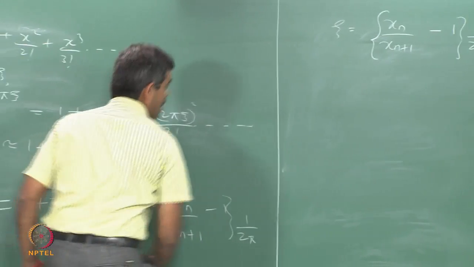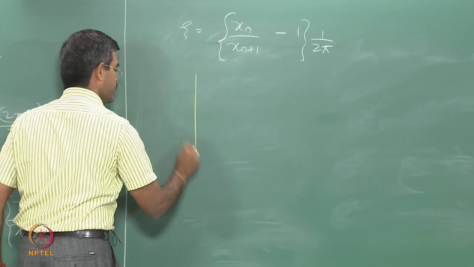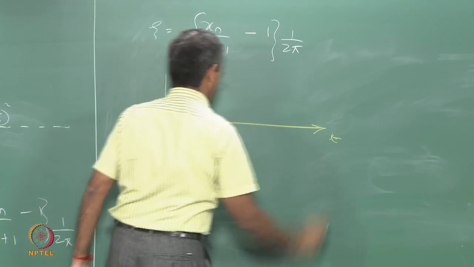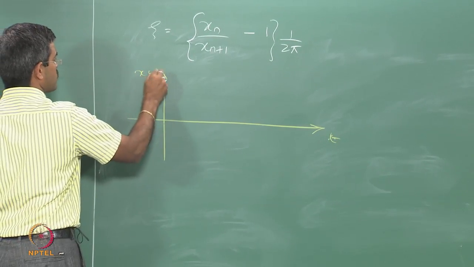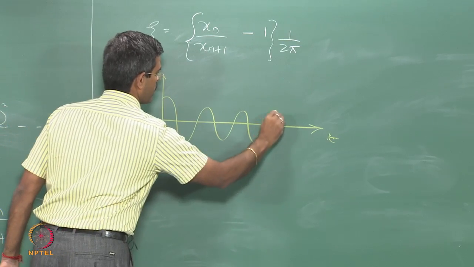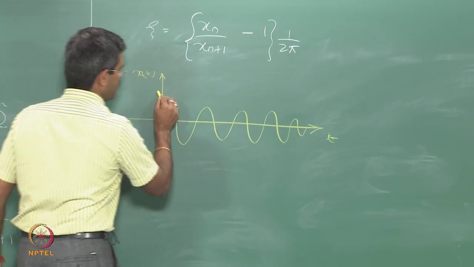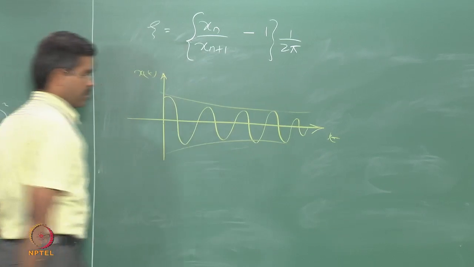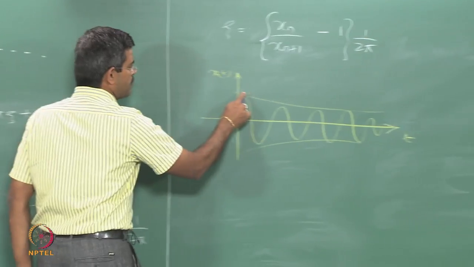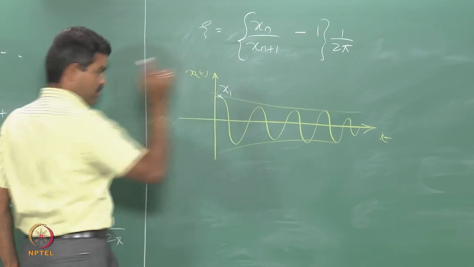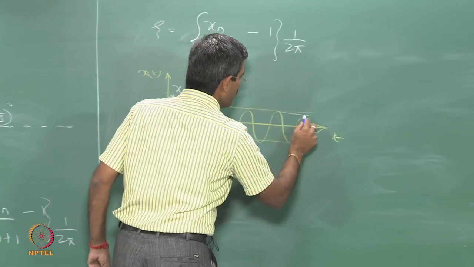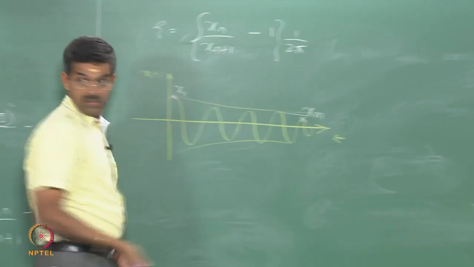Let us say my plot is like this, which is x of t against t, the response, it goes like this. Please believe me that they are exponentially decaying. Now, I have this value with me. Let me call this as x 1. I have this value with me, which is x m.